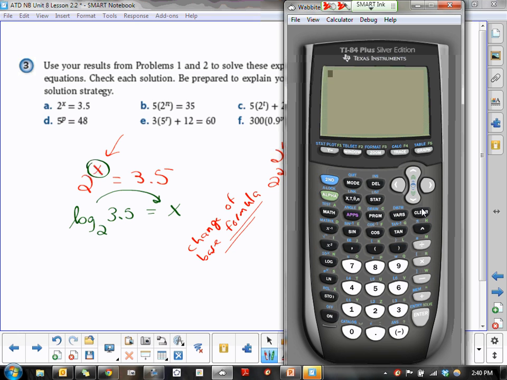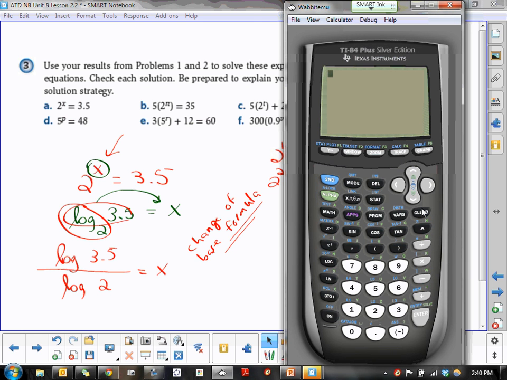What we do is we take the common log of 3.5 divided by the common log of 2. This takes care of it. Rather than using a base 2 logarithm, which we don't have, we take the log of the top thing divided by the log of the bottom thing, and we use common log. This is not magic, it's just math.